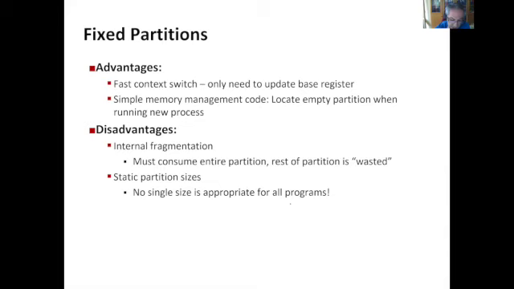The advantage is we can do a fast context switch, meaning that I have that base register, so by updating it I can make a context switch very fast. And the memory management code is pretty simple. You just locate an empty partition when you have a new process, and allocate it as such.